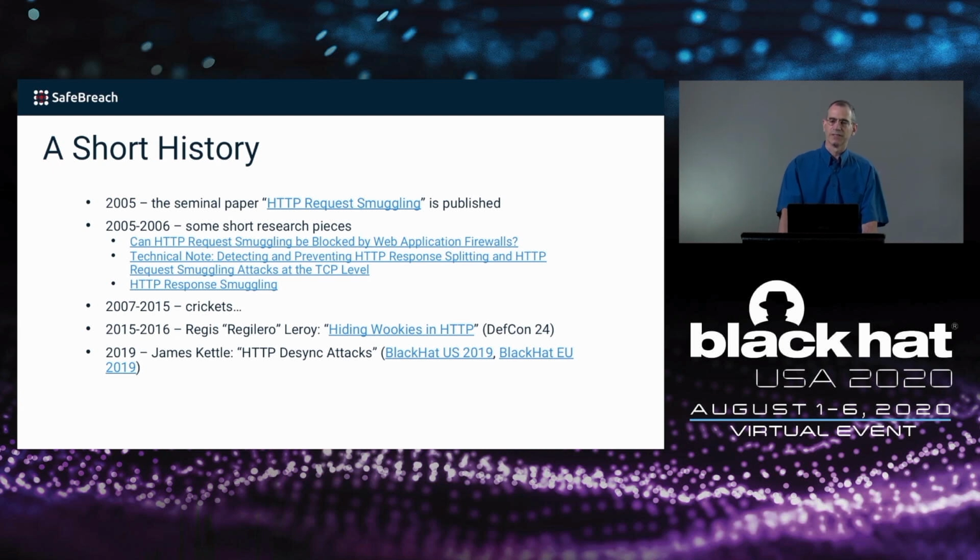There were, of course, vulnerabilities published, but no significant research as far as I know. In 2015, 2016, Regis Leroy published his Hiding Wookiees in HTTP, reviving the interest in this area. And in 2019, James Kettle published his series of papers around HTTP desync attacks in Black Hat USA and in Black Hat Europe.